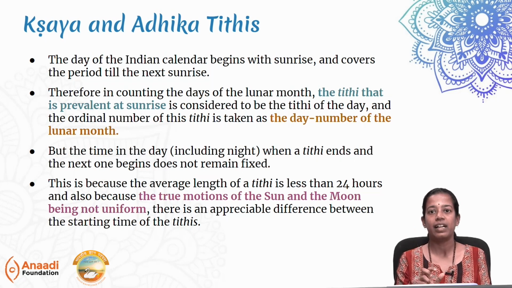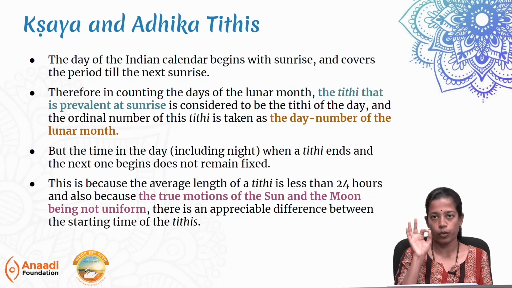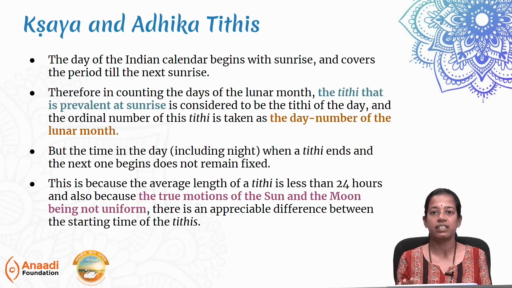For example, if during sunrise today the Tithi was that of Panchami, and we also know whether it is Shukla Paksha or Krishna Paksha, then Panchami is the 5th Tithi, so the ordinal number will be 5. That particular day will be marked as the 5th day. This is how the days are numbered in the lunar month.